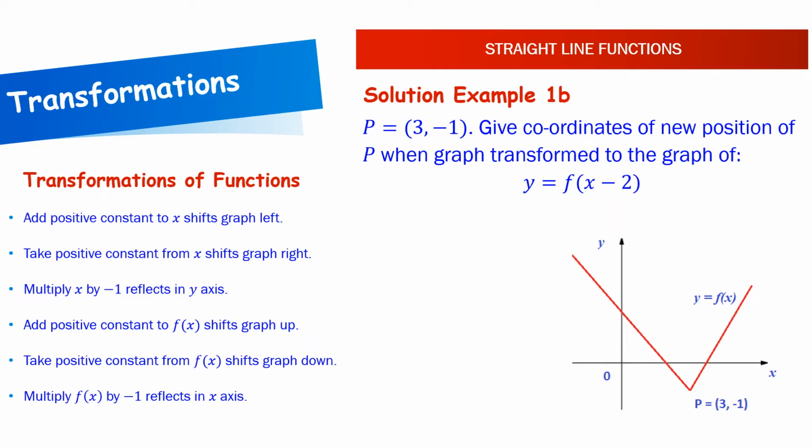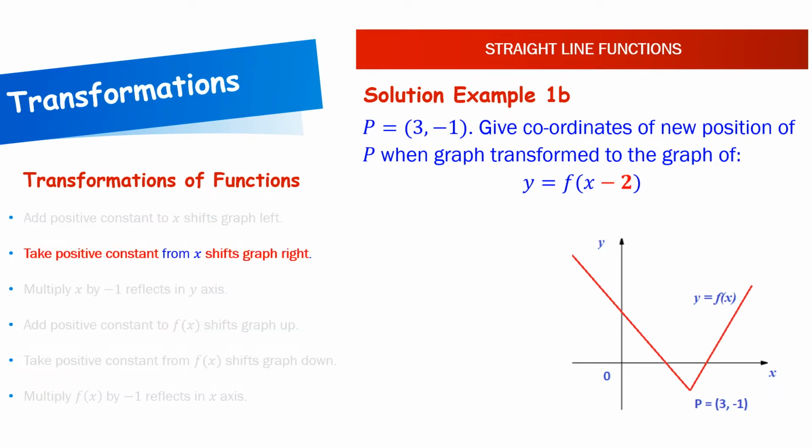Let's now solve example 1b. P equals 3, -1. You are required to give the coordinates of the new position of P when the graph is transformed to the graph of y equals f of x minus 2. In this case, we are taking a positive constant from x, therefore the graph shifts right.